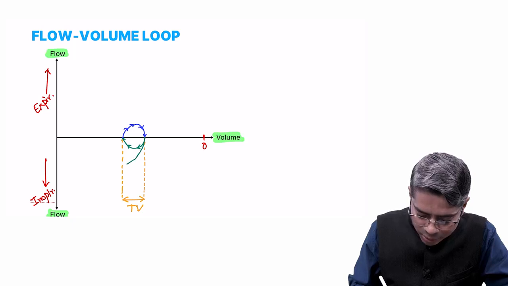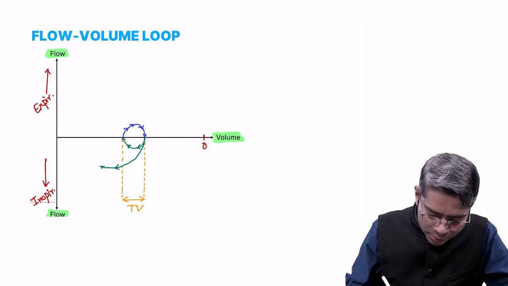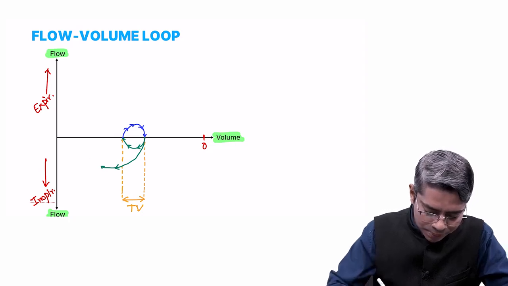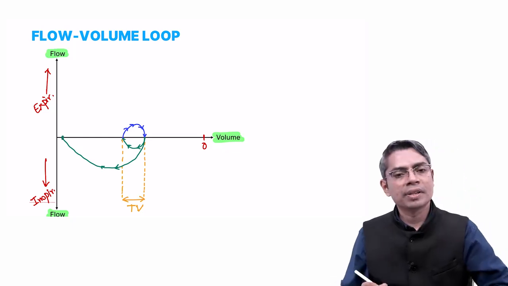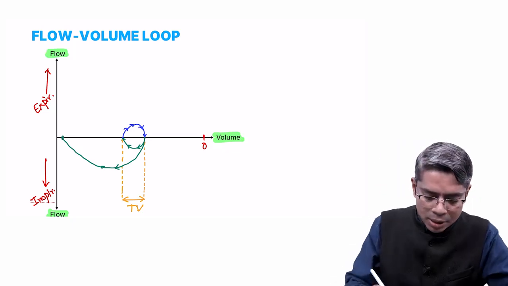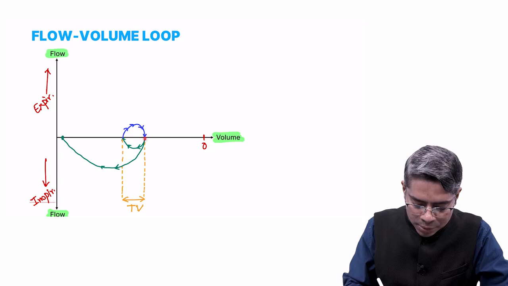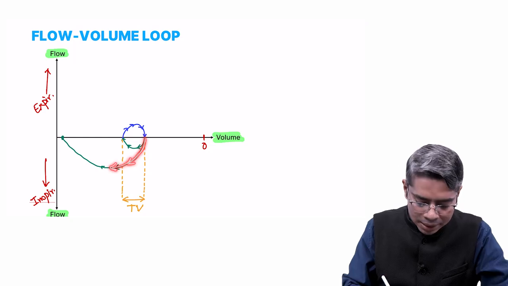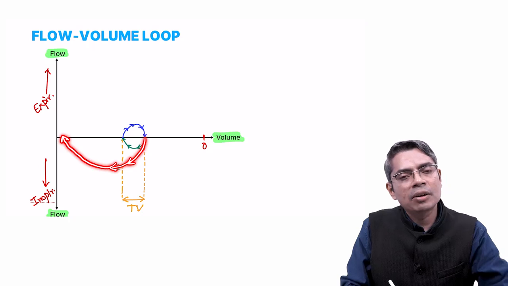The inspiratory flow will rise more, then the flow will start decreasing gradually, and ultimately the person will reach a maximum volume point. Getting my point? Now you look at the curve. Whenever you ask the subject to take a deep inspiration, the inspiratory flow increases to a very high level, and then decreases, and the person reaches the end of inspiration.